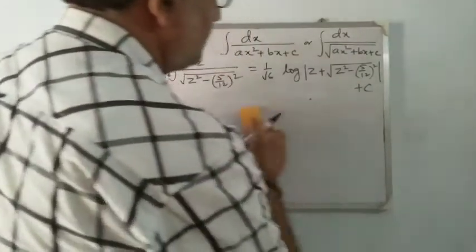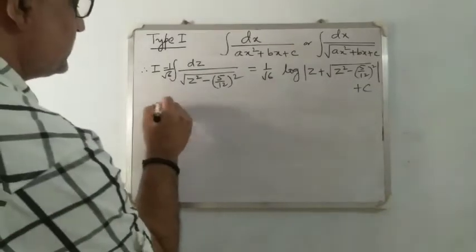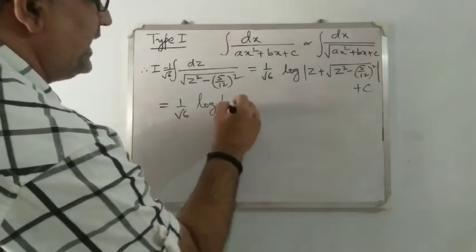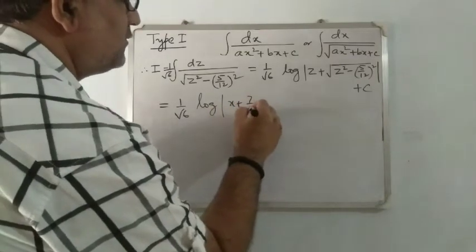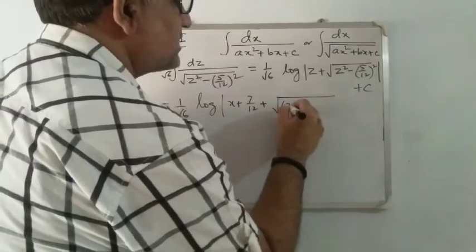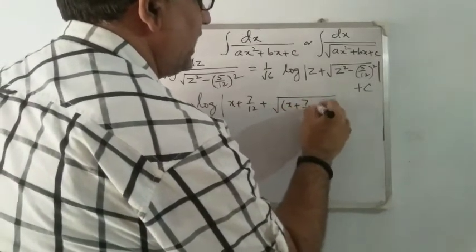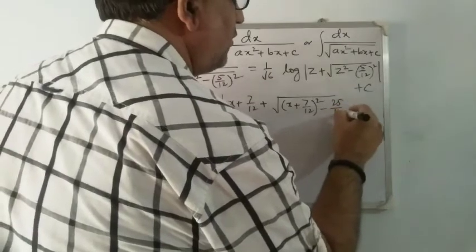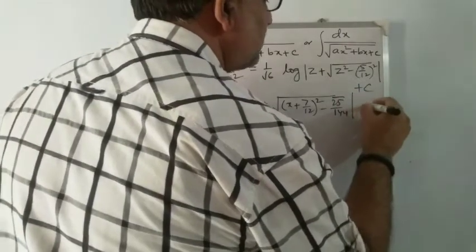You have the result as this is equal to 1 by root 6 log mod x plus 7 by 12 plus root over, that is (x plus 7 by 12) whole square minus 25 by 144. So mod closed plus c.